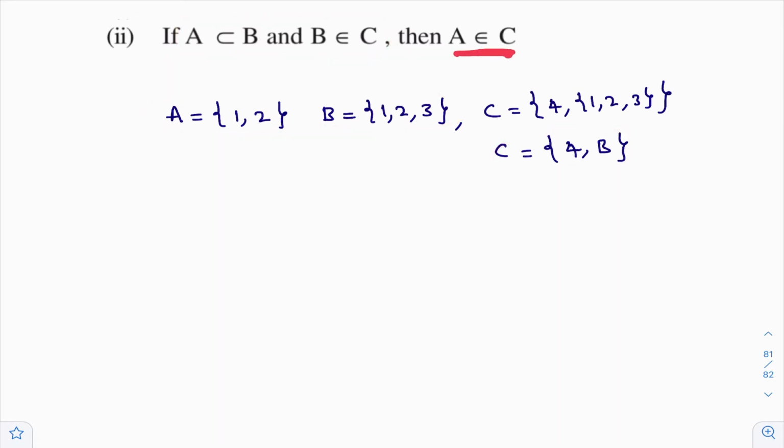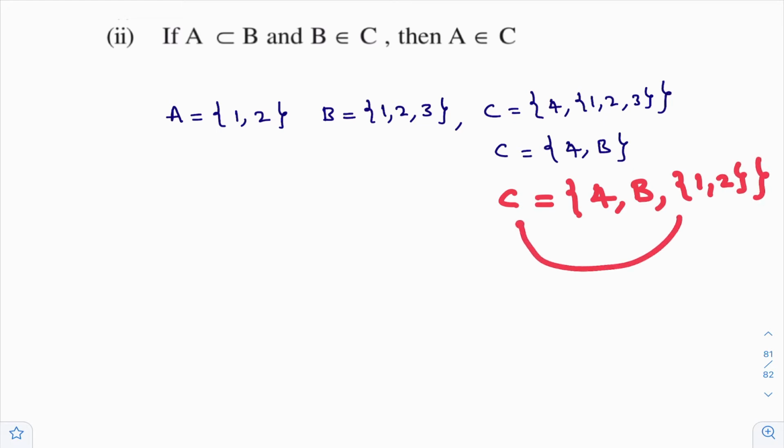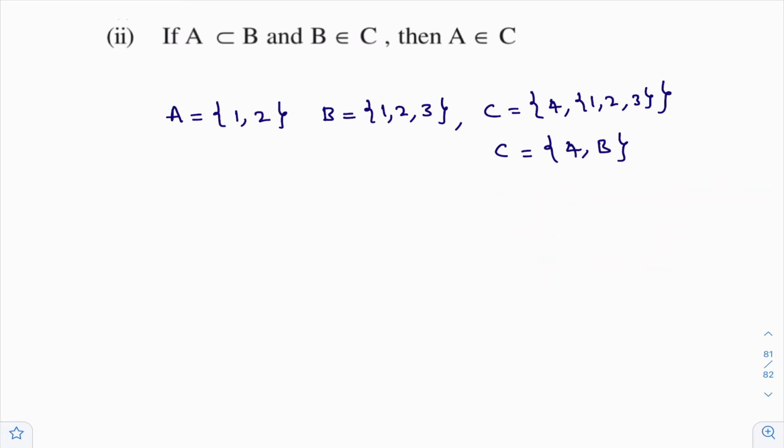Clearly the set A is not in C. When we say A is in set C, suppose set C is like this: 4 comma B comma 1 comma 2. If it is like this, then we say that A is in set C. But here I got C like this. I took one example like this.